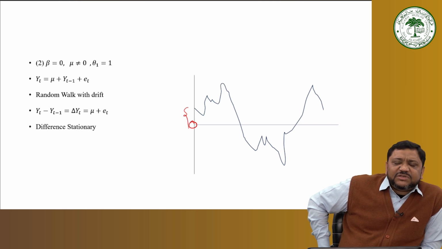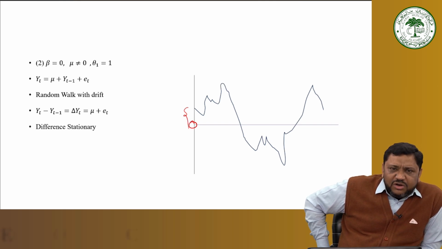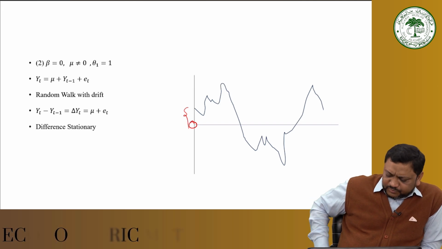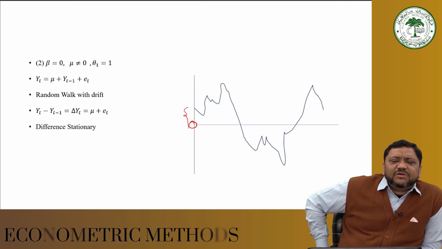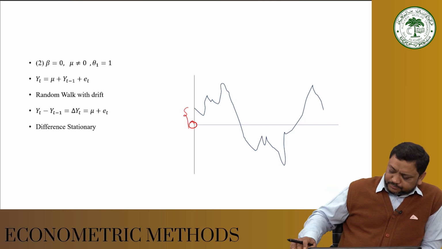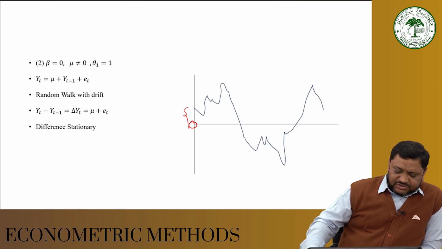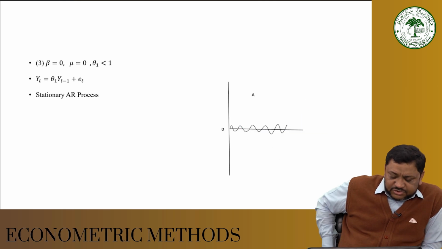So that means it's a random walk model with a drift. A pictorial representation of a hypothetical case can be shown like this. Again, this is also a difference stationary process, meaning upon differencing the series, you will get a stationary process.